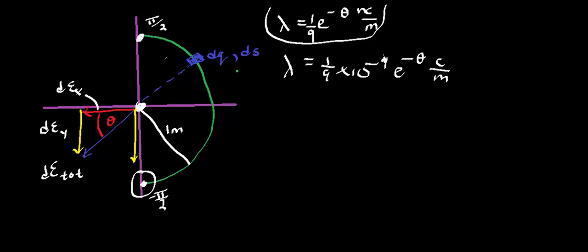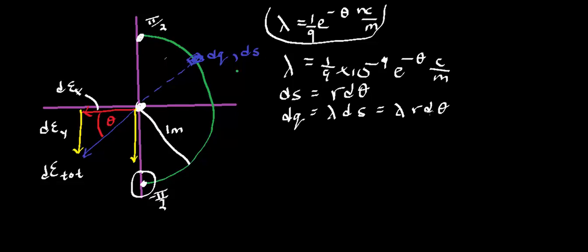What we essentially found was that ds is equal to r d theta, and dq is equal to lambda ds, which is equal to lambda r d theta.